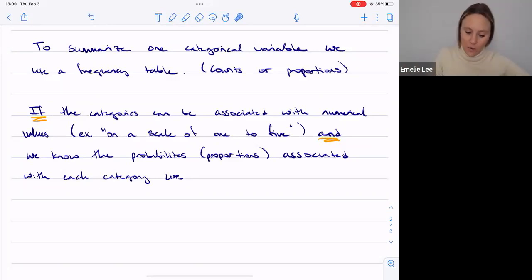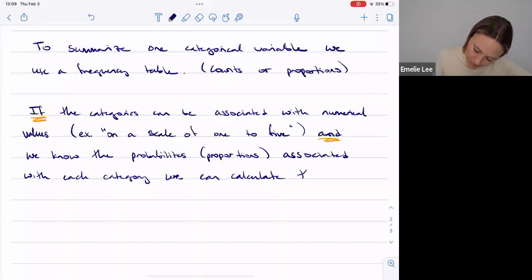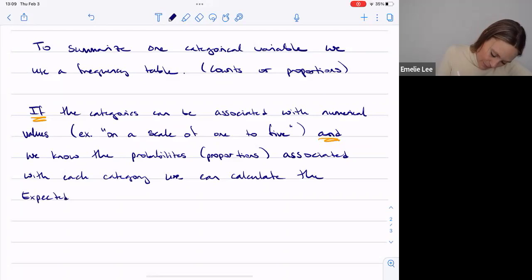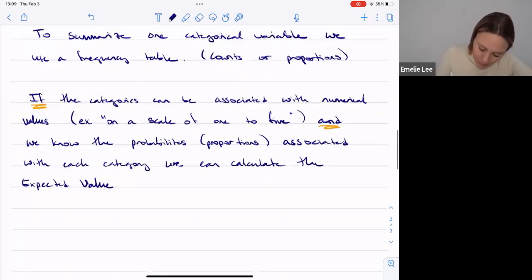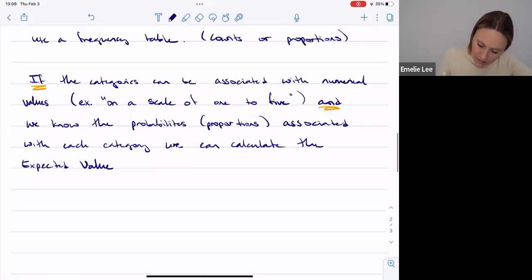So if the categories can be associated with numerical values, and we know the probabilities associated with each category, we can calculate the expected value, which is really just the mean category.